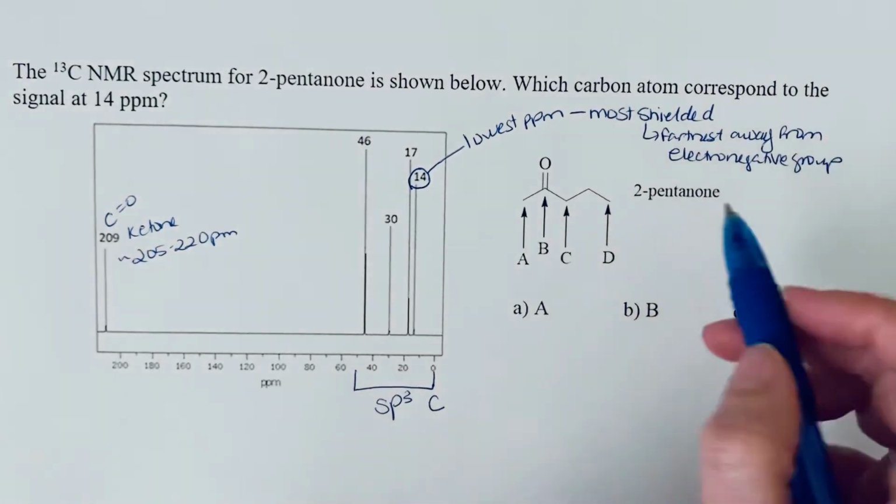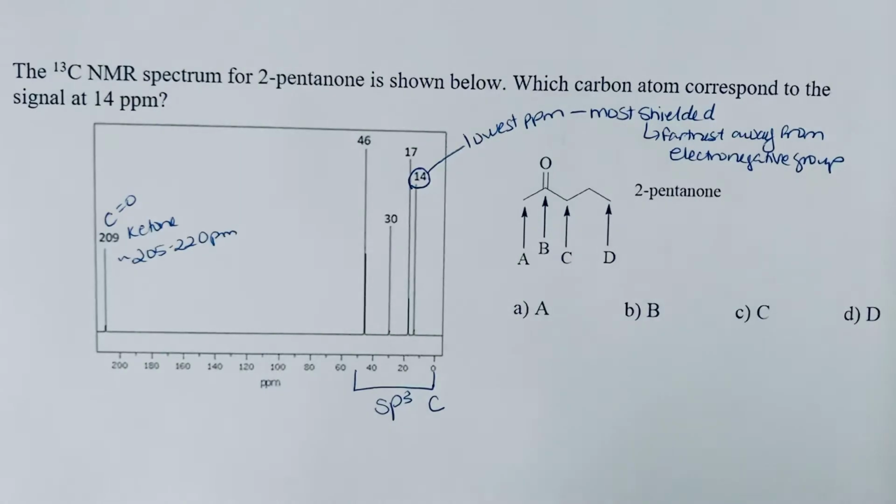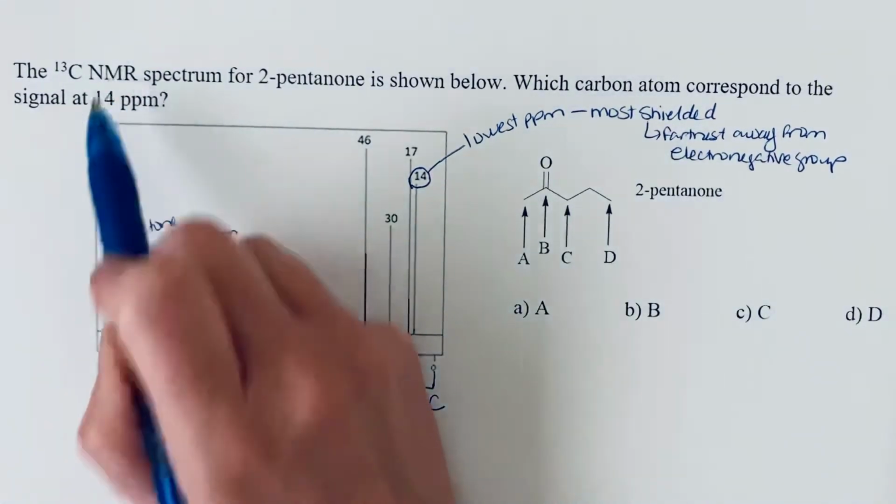Right, so when we're talking about shielding, we're talking about how many electrons are actually around that atom. So electronegative groups would pull electrons away from the nucleus, meaning it'd be less shielded and would feel more of the magnetic field. That's the M in NMR, right?